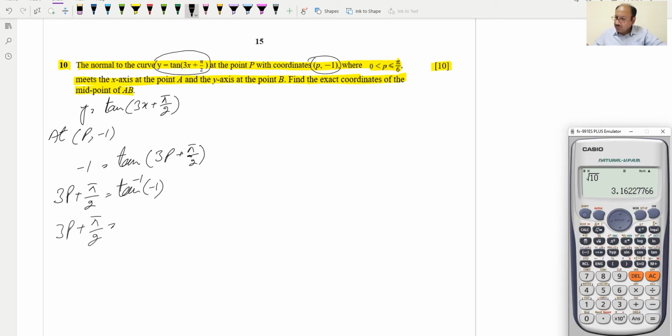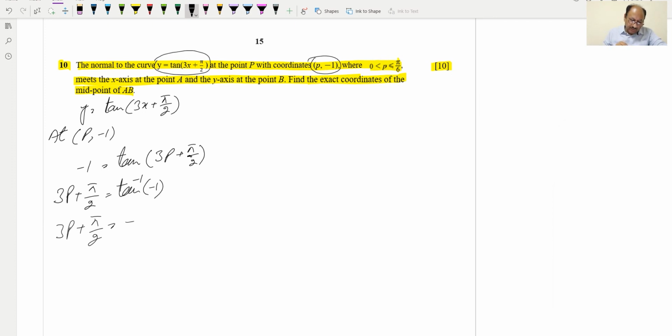This should be in radian mode, so radian mode is this one, and shift tan of minus 1 is equal to minus pi by 4. So minus pi by 4 will be this value. Now we can find the p values.